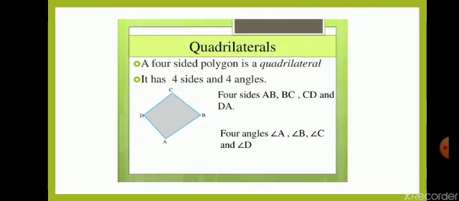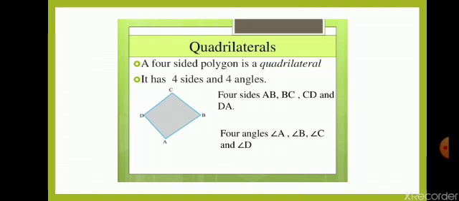Our other topic is quadrilateral. A quadrilateral is a four-sided polygon. It has four sides and four angles. Four sides AB, BC, CD and DA. Four angles, angle A, angle B, angle C and angle D. Any four-sided polygon is a quadrilateral, such as rectangle, square, parallelogram.